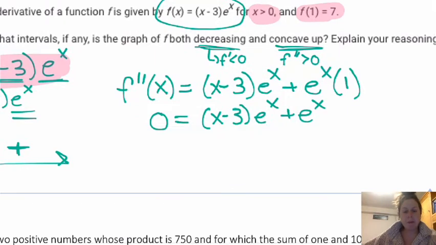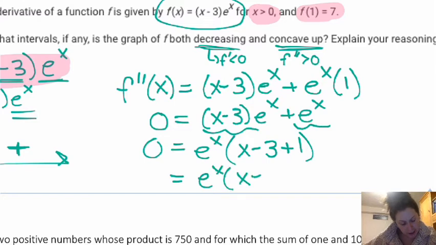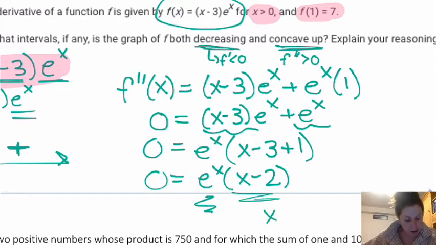Now, what some people were doing here was getting stuck on what to do next. I would say, notice that this term and this term each have an e to the x, right? So I'm going to factor that out to the front. And that leaves me with x minus 3 plus 1. So this is really e to the x and then x minus 2. Now again, e to the x will never equal 0. This will equal 0 at 2.